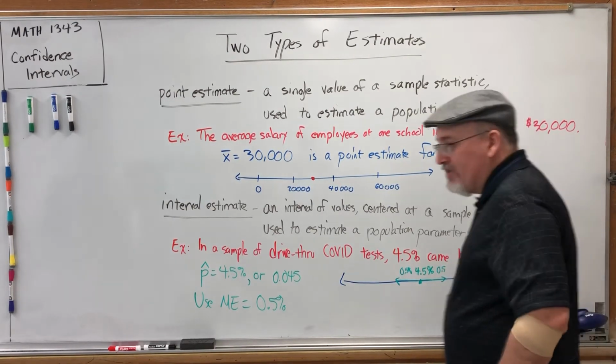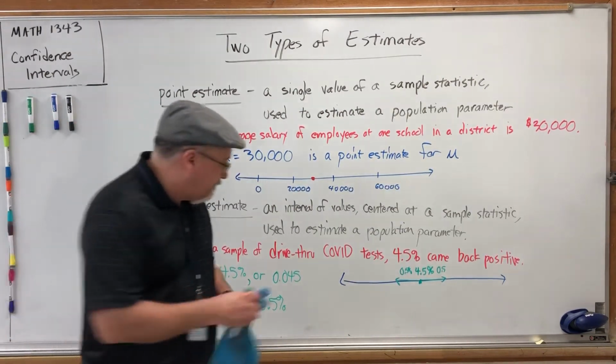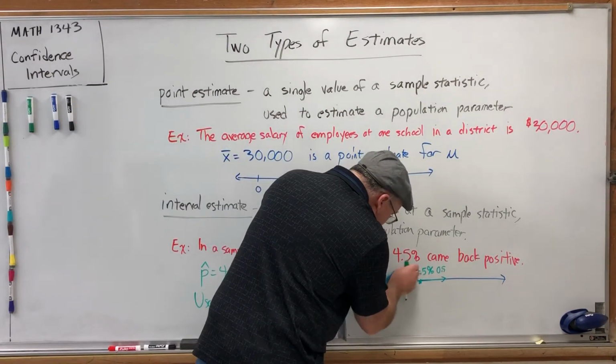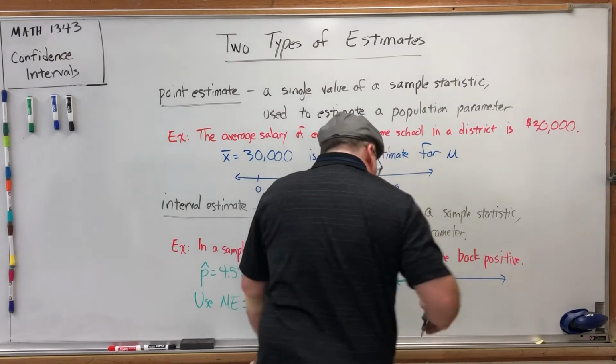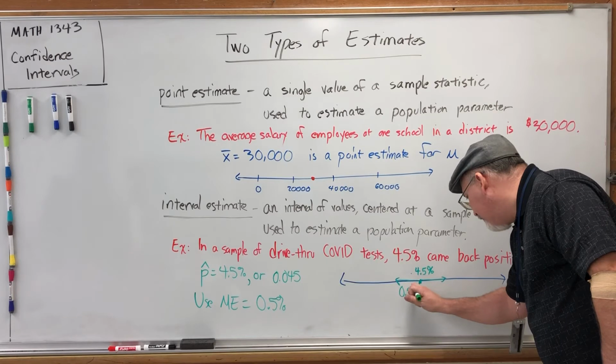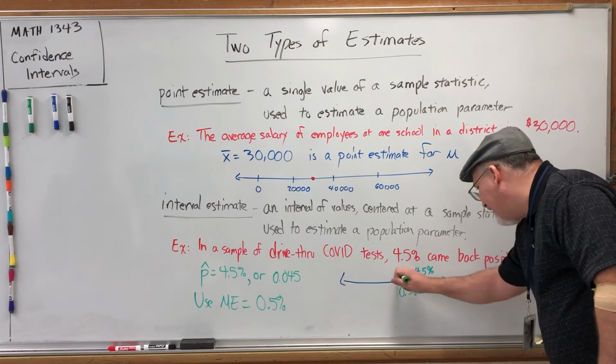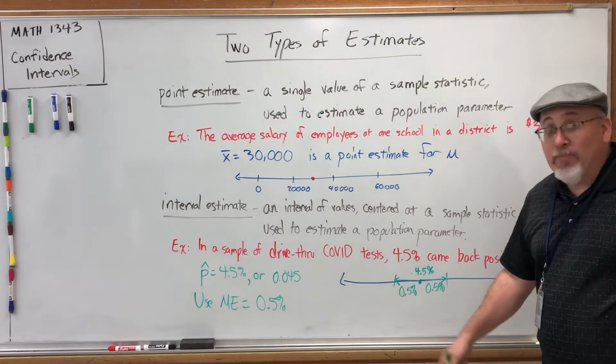Let me write those underneath. It's getting kind of crowded above that number line. A second here. There we go. So from the center, if we go to the left, 0.5%, and to the right, 0.5%, and we can calculate these endpoints of this interval.